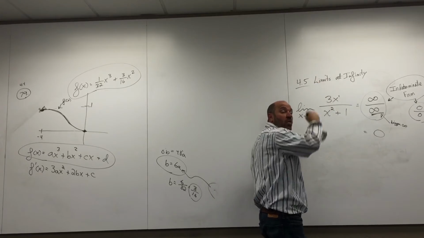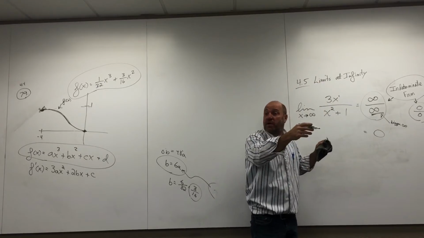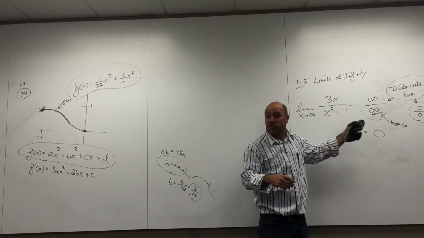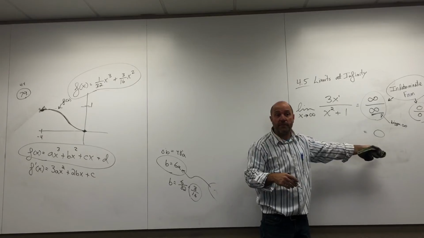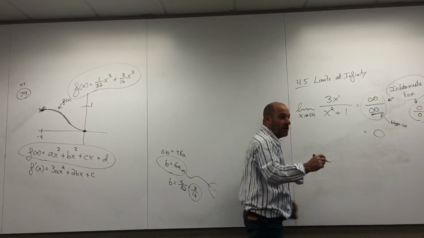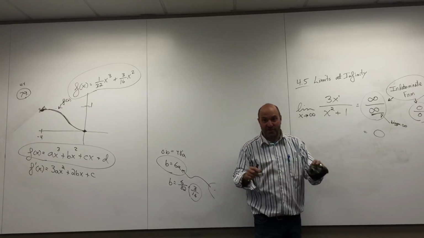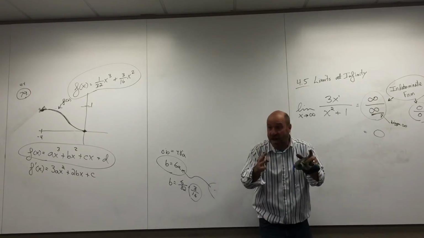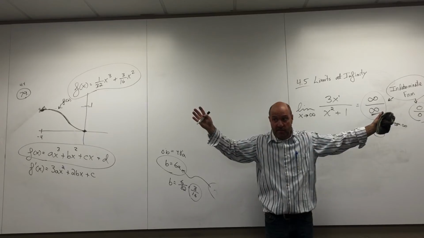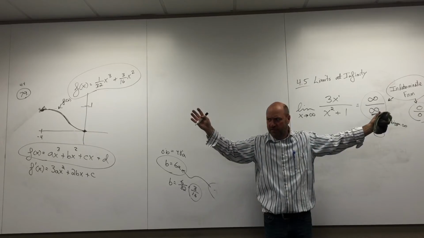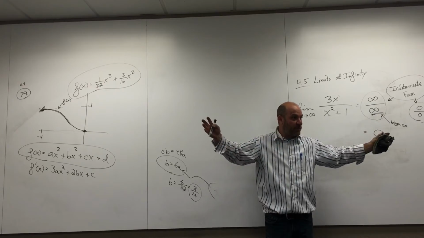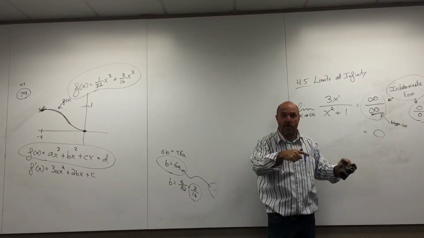And therefore, when the denominator wins, the whole fraction goes to 0. You should know that. When you have a fraction whose denominator blows up, it goes to 0. Is that okay? That should be kind of clear. A fraction whose denominator blows up to infinity, that fraction goes to 0.